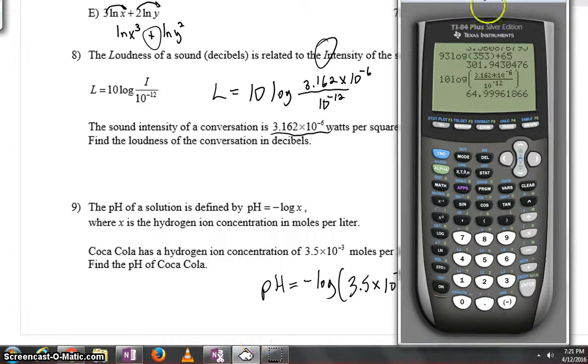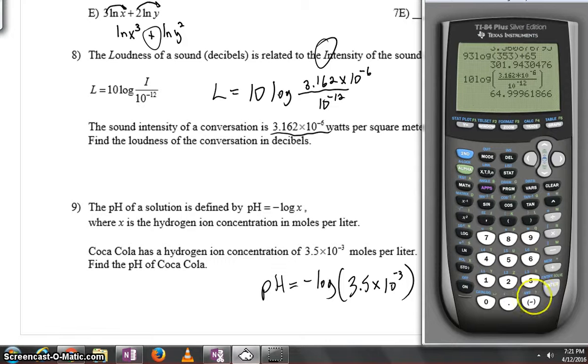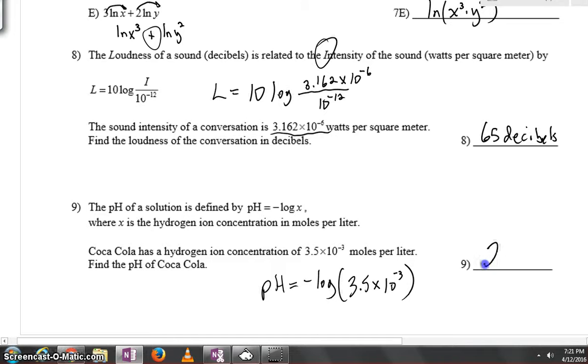And what we can do very fast here is just type in negative log 3.5 times 10, raise it up to the negative third. When you hit enter, you'll get about 2.5, roughly about 2.5. That is indicating that Coca-Cola is very acidic.